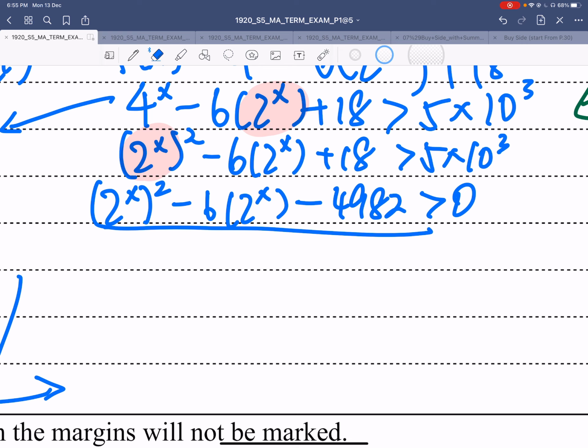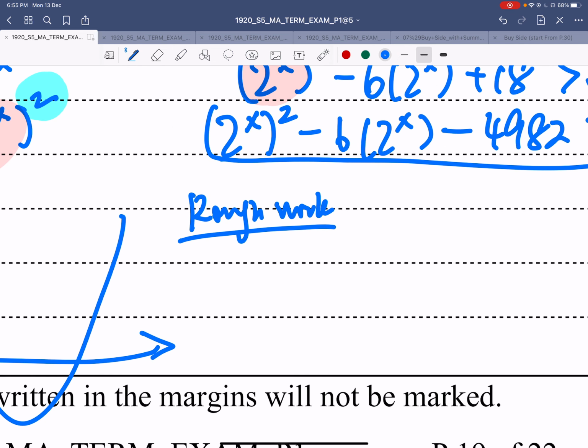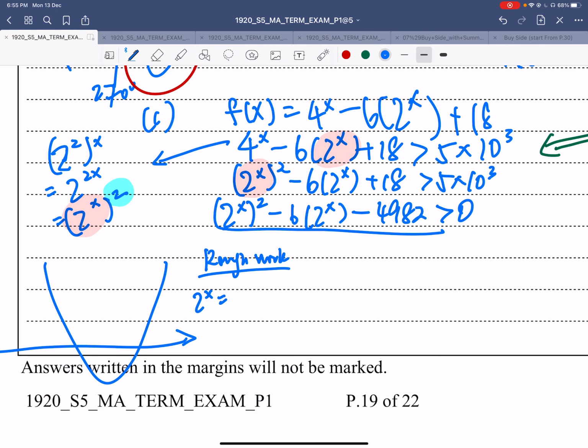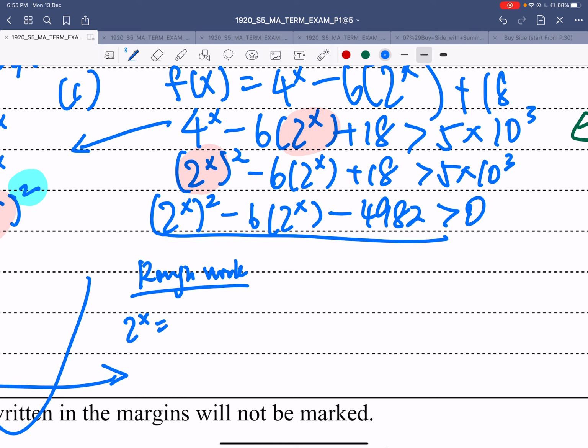So this part I will regard as rough work. Do it in your reference sheet, don't write it in the official answer here, okay? For 2 to the power of x, use the program for solving the quadratic formula. Type 1, minus 6, minus 4982.